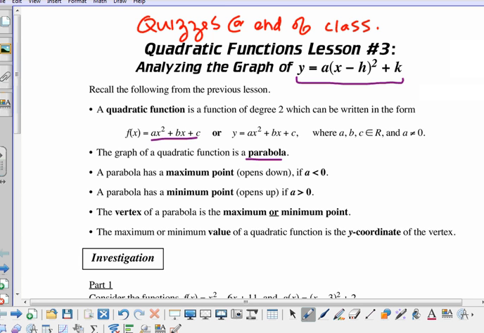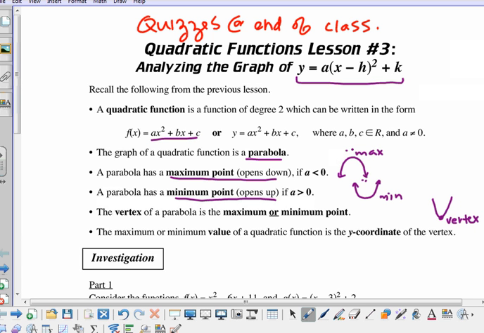If it has a maximum, we would say it opens down. A maximum opens down, and if it has a minimum, then it would open up, right? It's like a smiley face. Sad, happy. The vertex, the actual max or min point, is what we call the vertex.